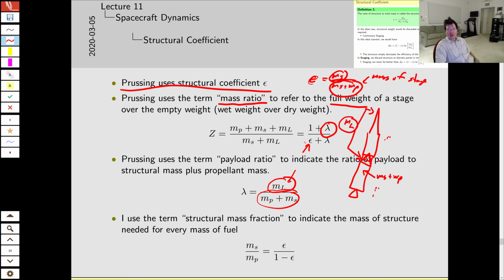That ratio is important, this lambda, because you usually keep it relatively constant. What that means is that the size of the stages will tend to decrease over time, because the size of what they're lifting decreases over time.